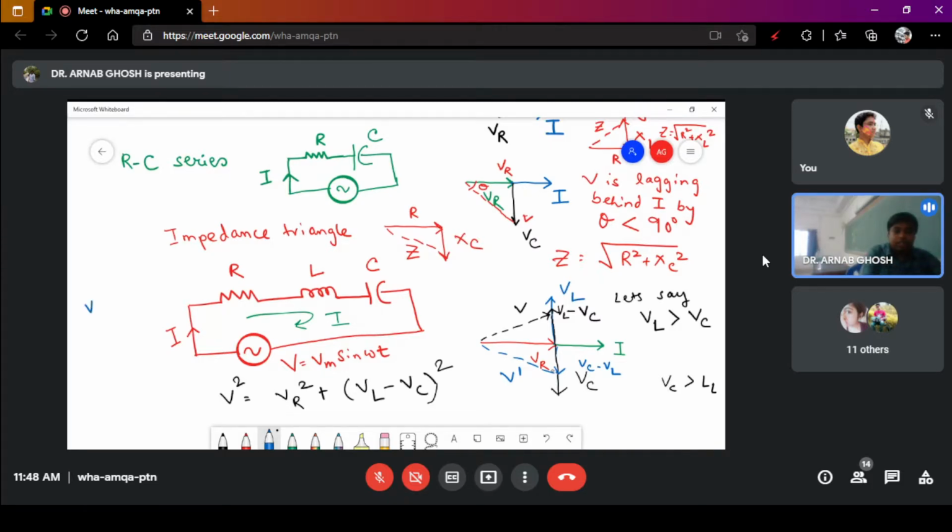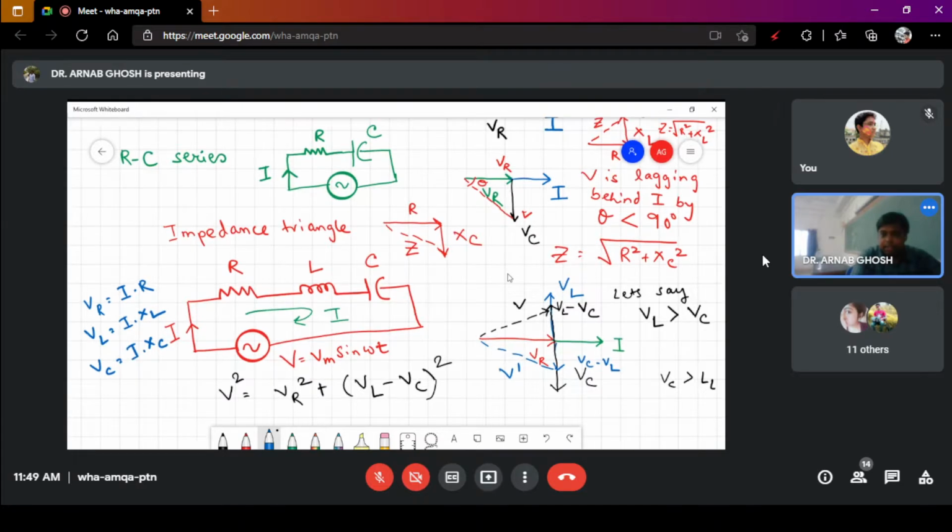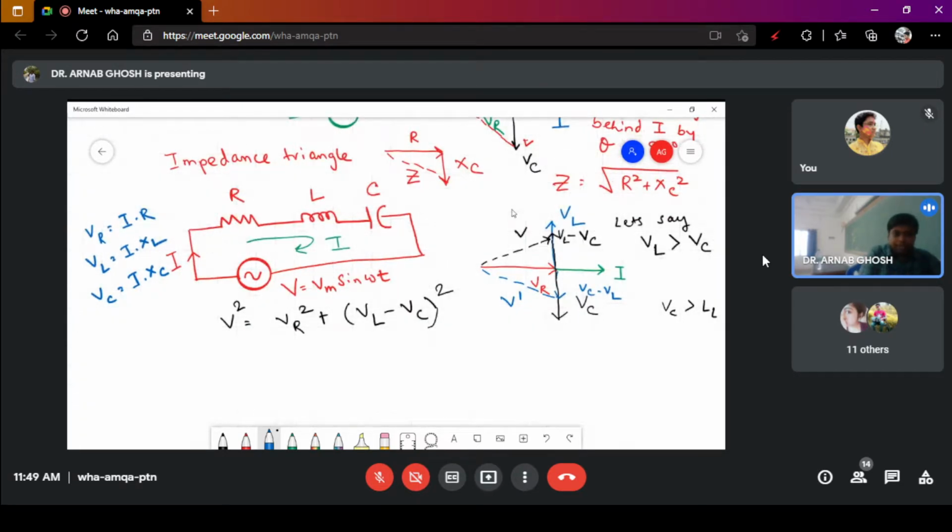Now if I just jot down, VR will be equal to I into R, VL will be equal to I into XL, and VC will be equal to I into XC. Right? Is this okay? So we are replacing here. We are writing V is equal to square root of IR whole square plus IXL minus IXC whole square.